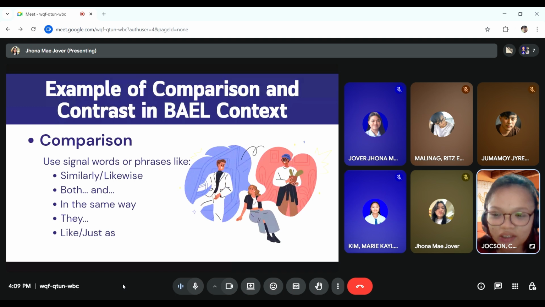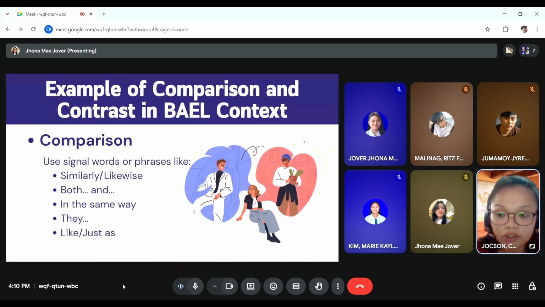So you can see here, there are signal words or phrases like similarly, likewise, both, and in the same way, they, like, and, just as. So if you can remember in the steps on how to compare and contrast, there is one step there that you can identify a certain comparing and contrasting if you are comparing both their similarities or their differences.